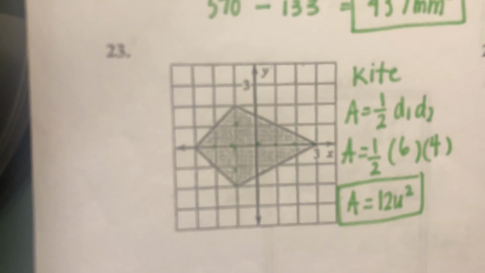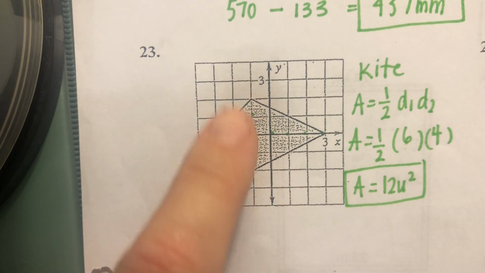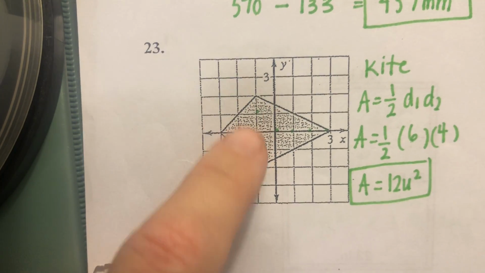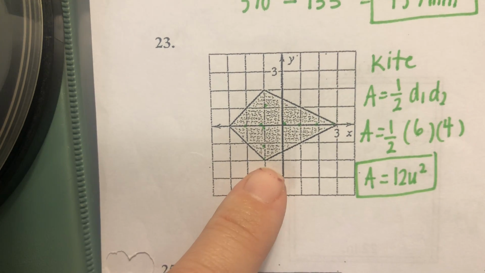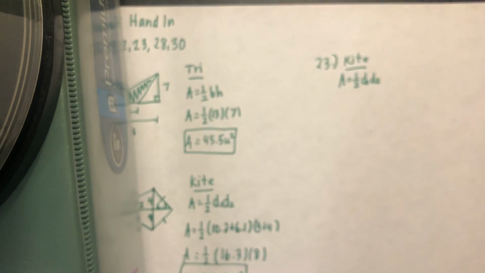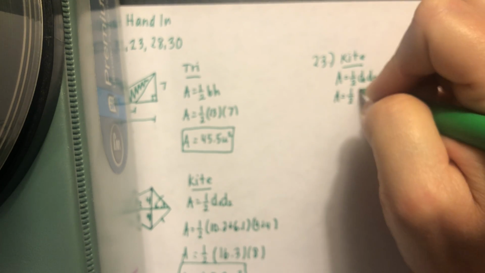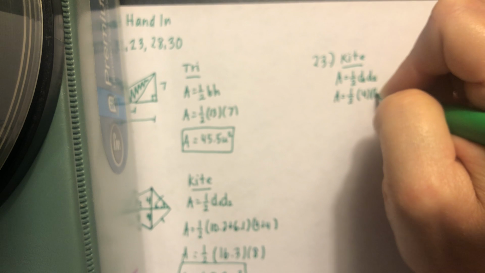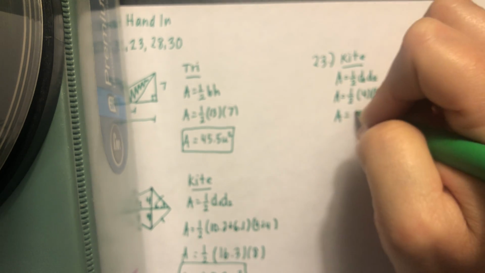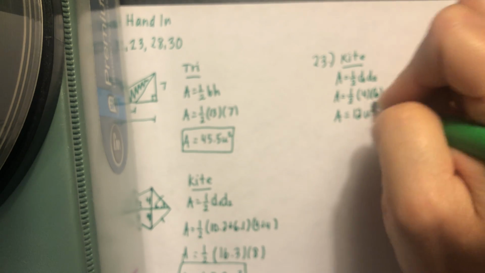It's a little blurry. Okay, so you just count your two diagonals. So this one goes from +2 down to -2, so that's going to be 4. And this one goes from -3 to +3, so that one's going to be 6. So my two diagonals, just by looking at them and counting them, are 4 and 6. So then my area ends up just being 12 units squared.